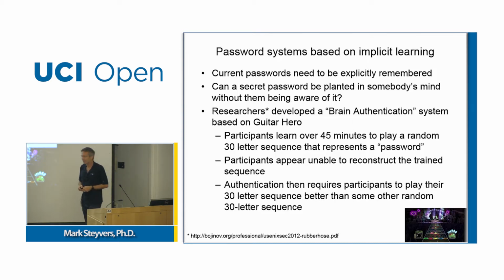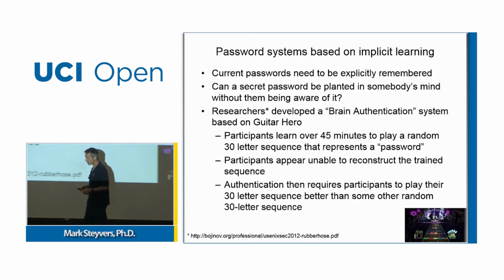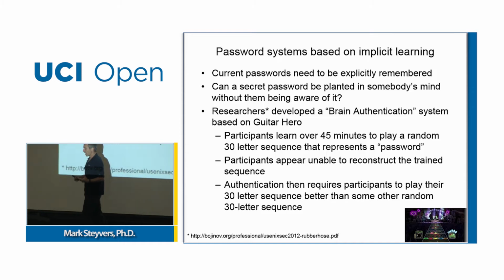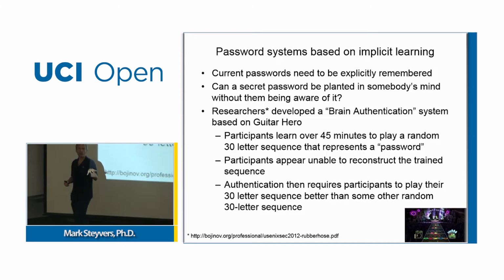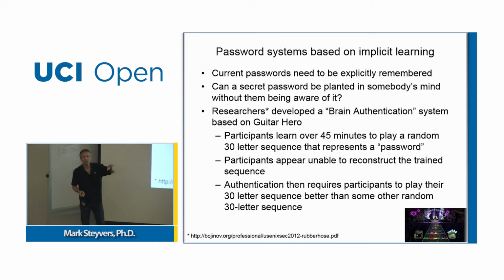And then the remarkable bit is at the time of authentication, the computer presents to you some sequences, and if you are playing faster on the sequence that belongs to you, because of your implicit memories, then that must be your password. If you play slowly on some other random 30-letter sequence, it isn't.